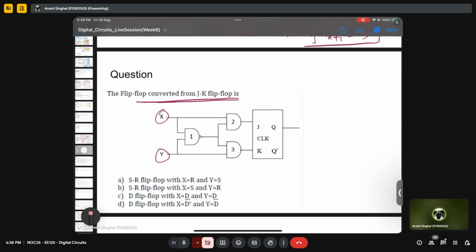Do you want to solve it by yourself? Shall I give you 2-3 minutes? Please let me know if you want to solve it by yourself. Okay, so let me try to do this problem by myself.